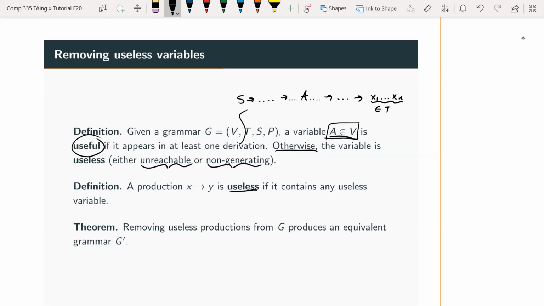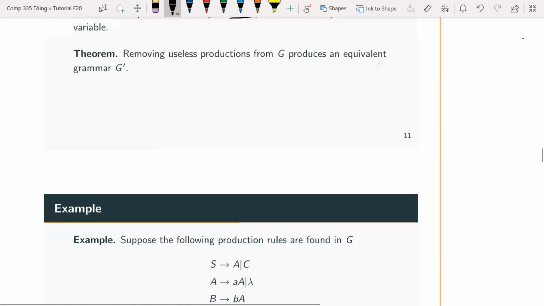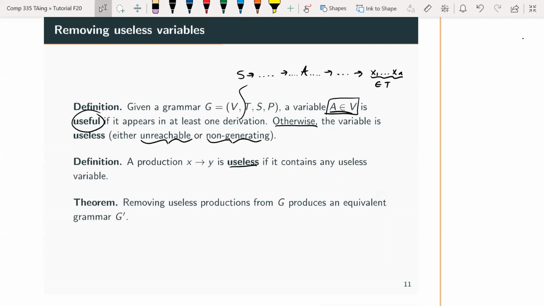The idea behind removing useless variables is that your grammar doesn't lose any information. So it's safe to remove them, because you produce an equivalent grammar G prime if you remove all the useless productions.